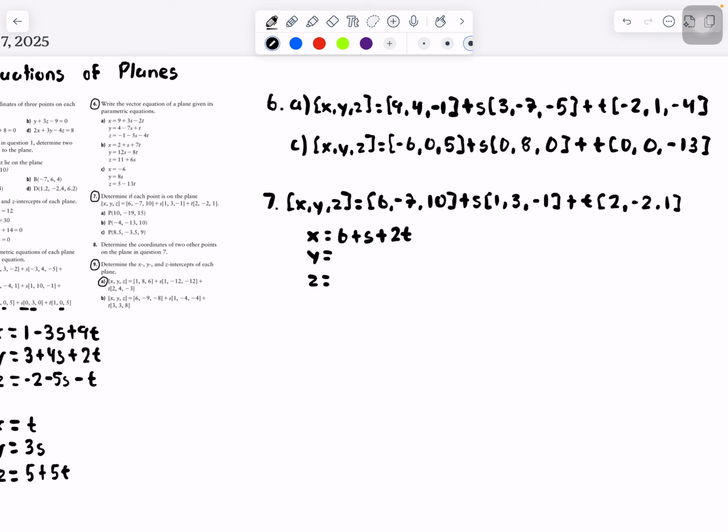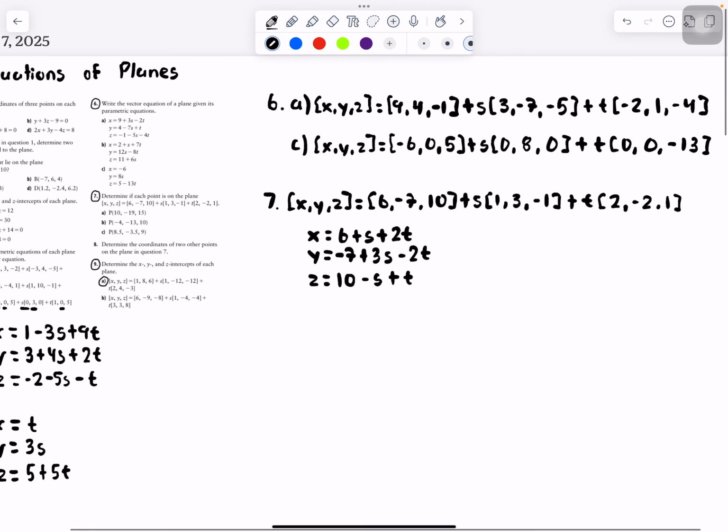Beautiful. y is -7 plus 3s minus 2t. And the final one, z is 10 minus s plus t. Okay, perfect. Now I can write down problems A and C.